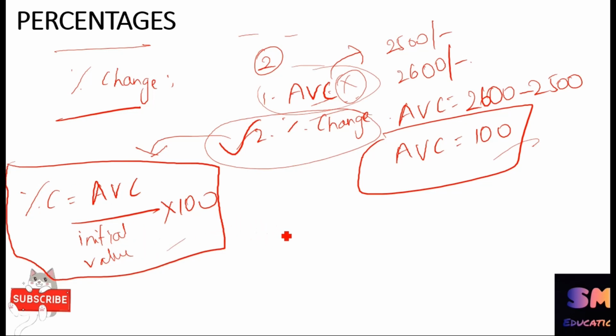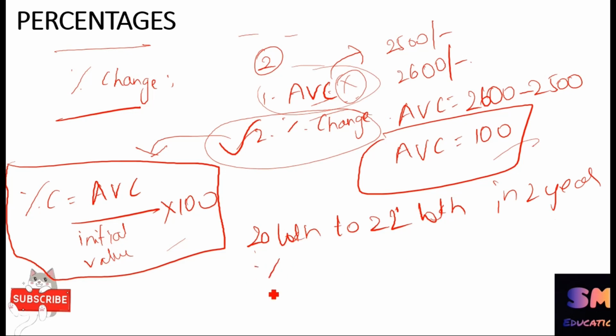Let's take an example. If the population grew from 20 lakhs to 22 lakhs in 2 years, find the percentage change. Firstly, we have to calculate the absolute value change, which is final minus initial.